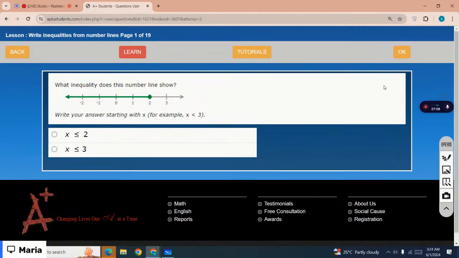Okay, just look at the two things. The first one is the arrow is pointing on which side? So the arrow is pointing on the left hand side, right? That means x is less. Here you have the 2, it is starting from 2. Also 2 has the closed circle. So that means that is also equal. The correct option is x is less than or equal to 2. Option number 1 is the correct option, right?